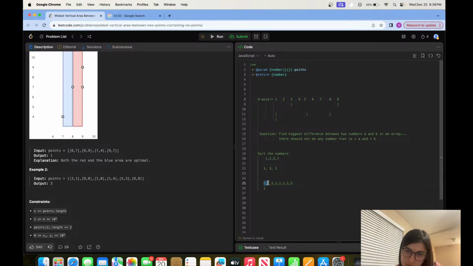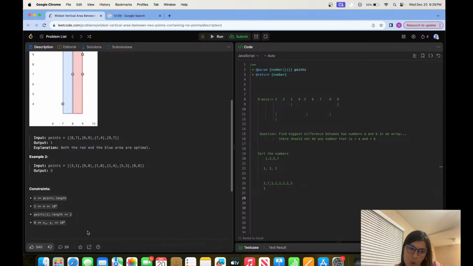I'm looking at 2 7, and I can see that there is a 5 that is greater than 2 and less than 7, so I cannot say that this is the difference, because there is another number. Also, x can go up to 10 to the power 9, so that makes it difficult.